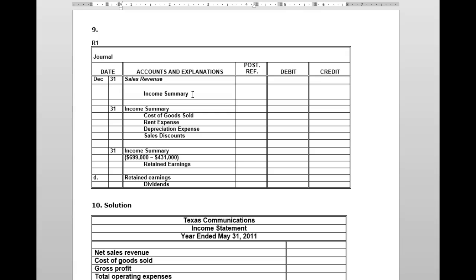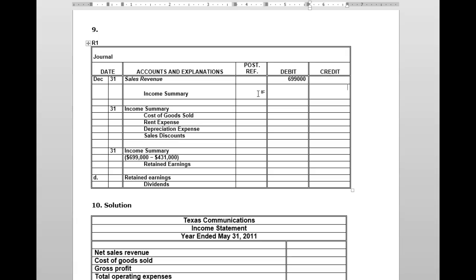And your revenues show to be $699. So if a revenue account has a credit balance, we close it by debiting it, right? So 699,123, which means we increase the income summary by $699,000. Okay, we're done with revenues.